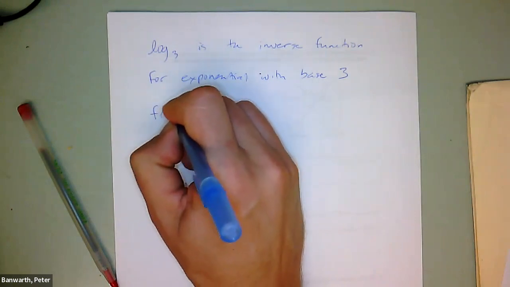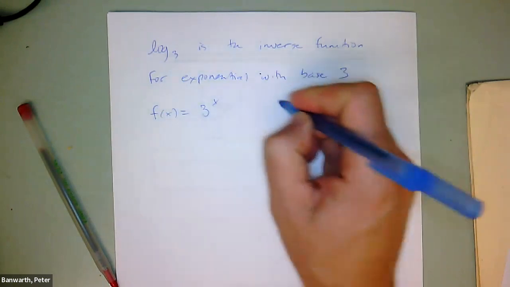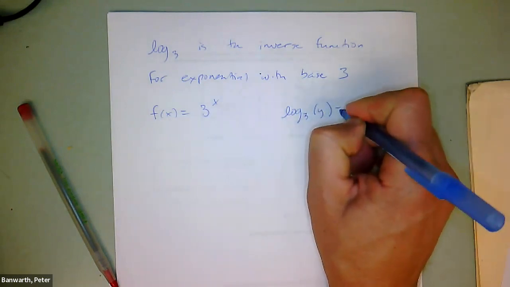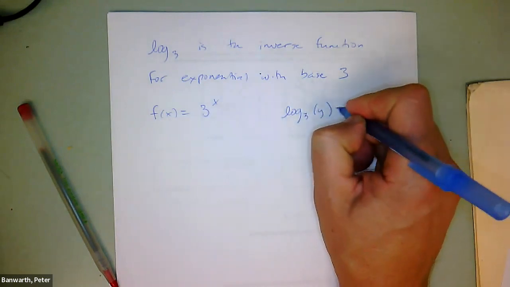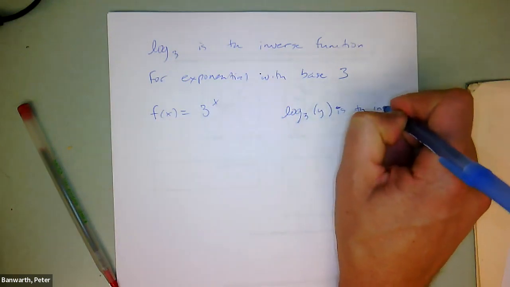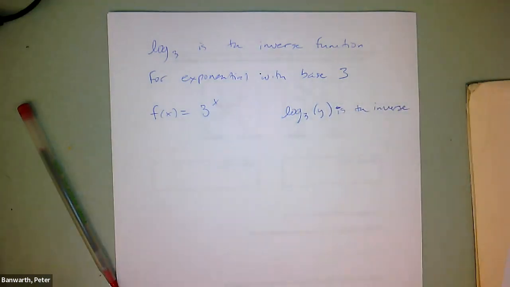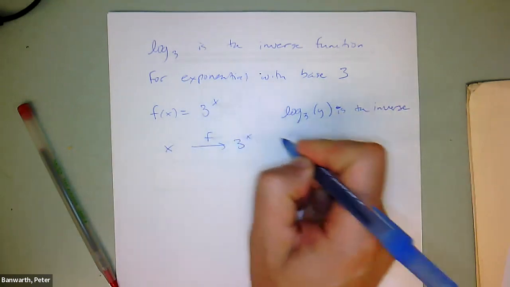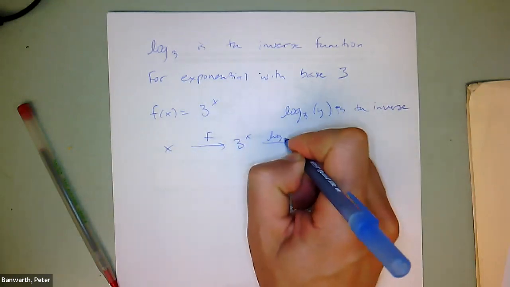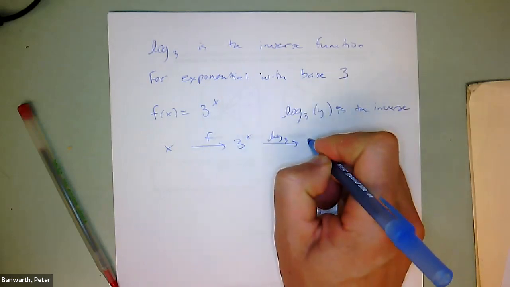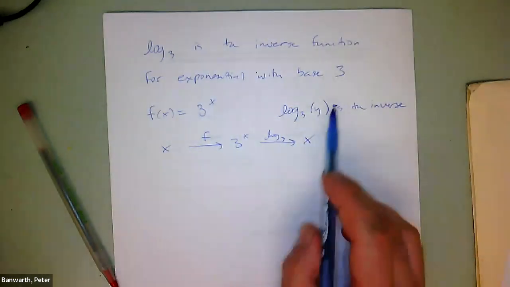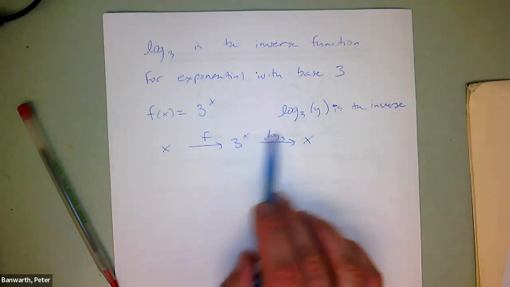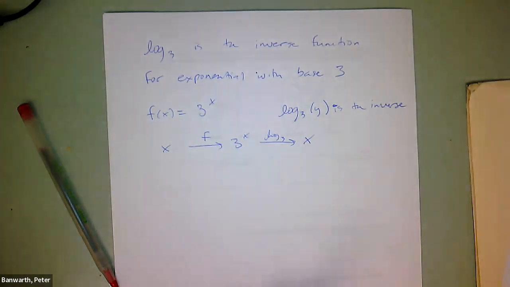So if f of x is 3 to the x, then log base 3 of y is the inverse. X goes through f, gives me 3 to the x, goes through log base 3, gives me back x, right? Because x is the power that goes on 3 to give me y.